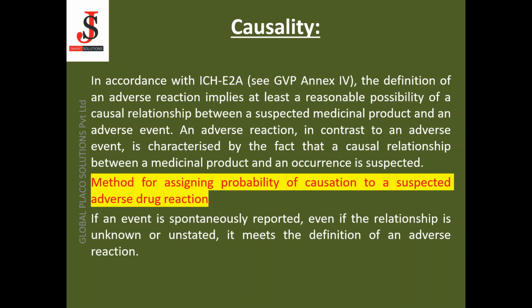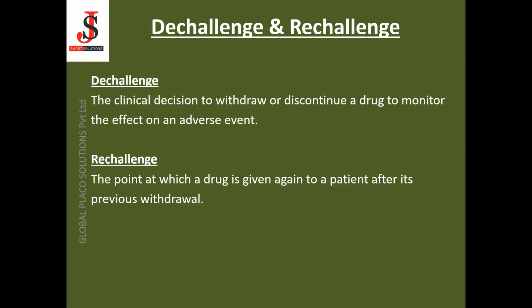So this is very important. Please keep in mind, if an event is spontaneously reported and even if the relationship is unknown or unstated, it meets the definition of an adverse reaction, so you automatically consider that as related to the drug. Very important, most commonly asked question in the interview.